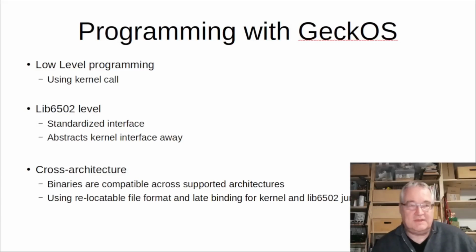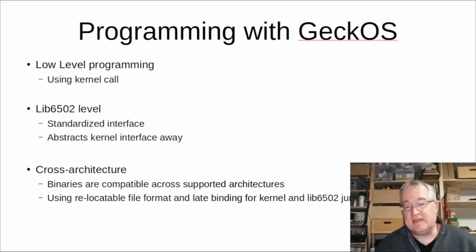So now we've seen how we can start programs and run them, and how do we program that? So you do low-level programming. You can use a kernel call, or you can use lib6502 level programming, which has a more standardized interface, and it kind of abstracts the kernel interface away, which is actually more stable than the kernel interface at the moment, because I'm doing some major refactoring on the kernel right now.